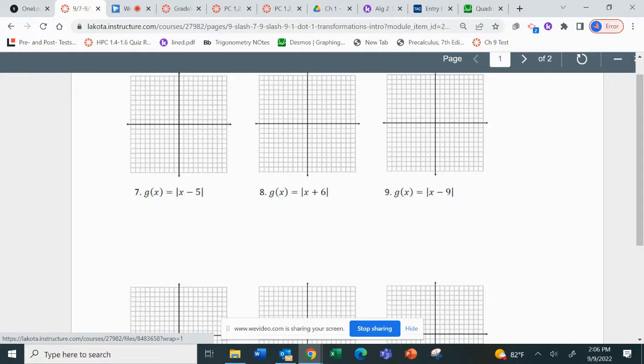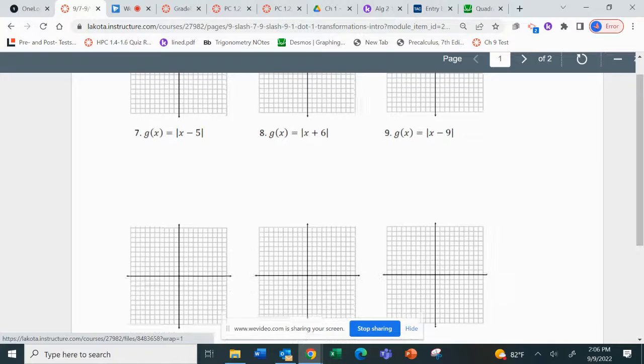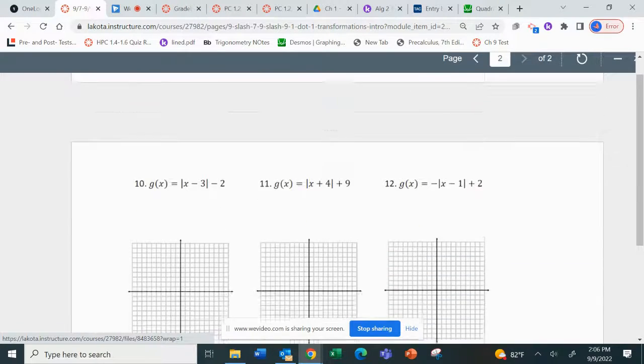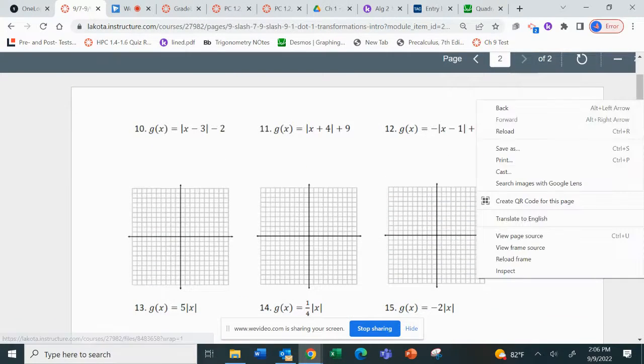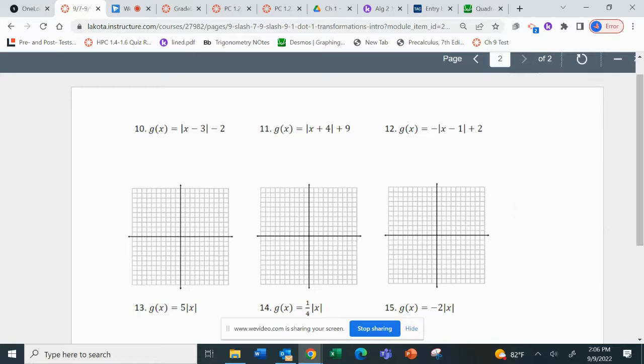This was new today, but it's not hard. You just do the opposite, and I'm pretty sure we literally just did this one. Okay? So those you should be able to do at this point. Now, can you do 10, 11, 12? Maybe.